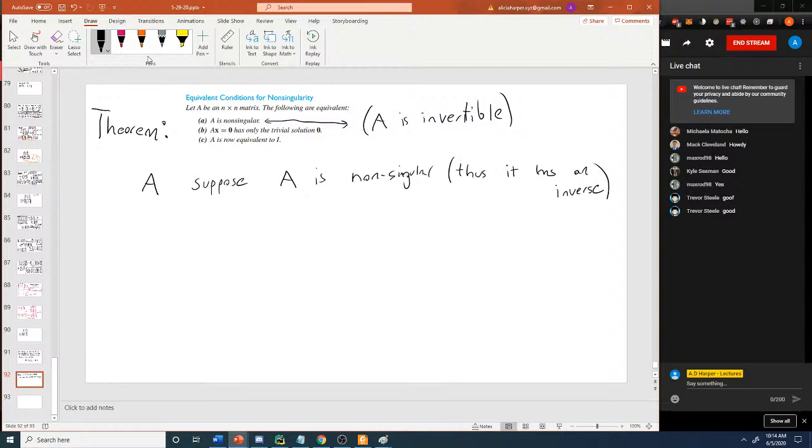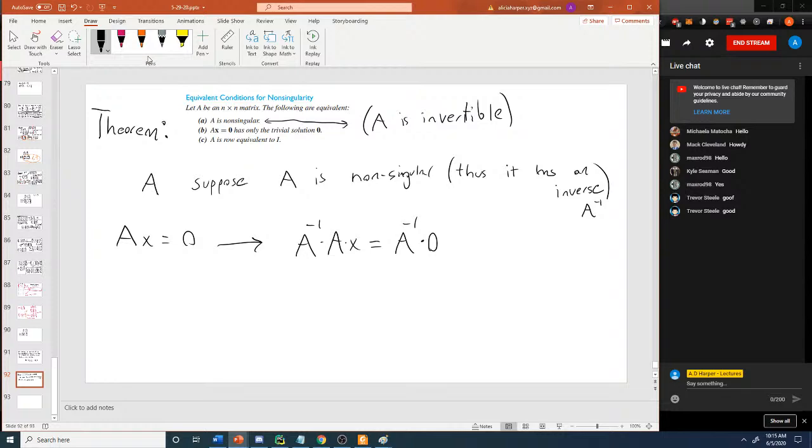So what we can do is look at the equation AX equals 0, and multiply both sides through by A inverse. If we do that, we get A inverse times A times X is equal to A inverse times the 0 vector.